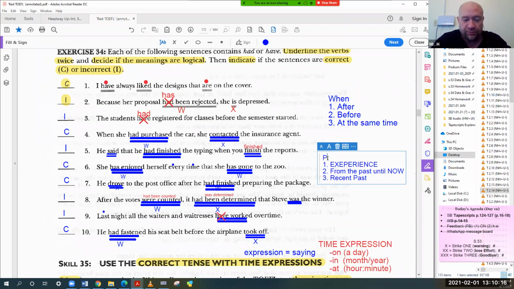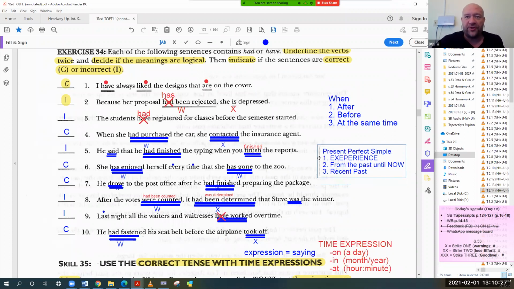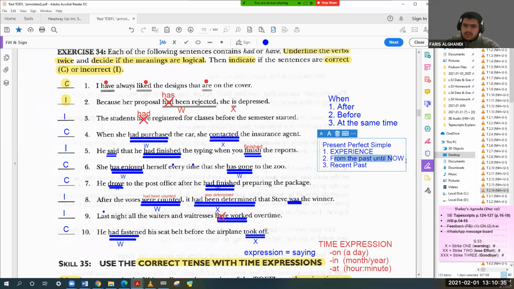I'm only discussing present perfect simple. What are the cases for present perfect simple? Experience. And from the past until now, and then you have the recent past.